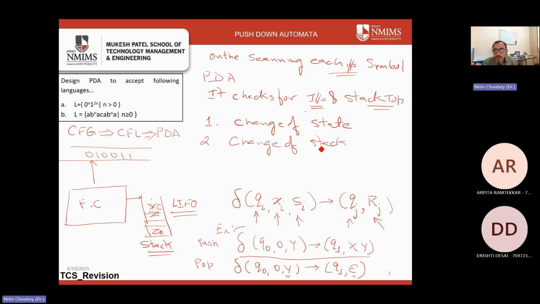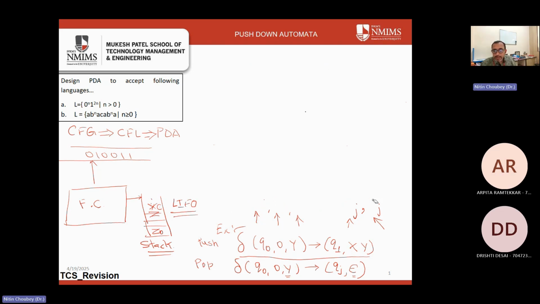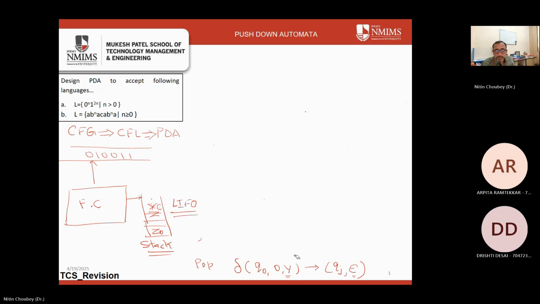Yes, sir. Okay, great. So let's go for the tuple definition for push-down automata. Now we know that push-down automata requires an allowable set of stack symbols, the stack symbols which can be pushed onto the stack. It also requires the set of symbols which can be considered as the input symbols. Similarly, a finite set of states, as in the case of finite automata, and a finite set of input symbols we already talked about.